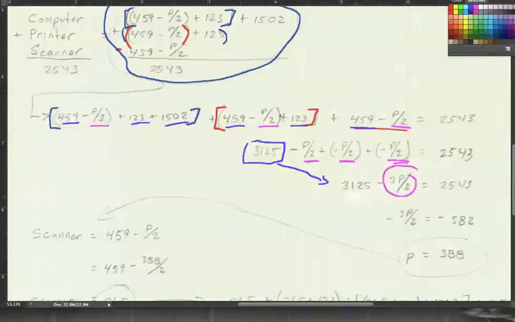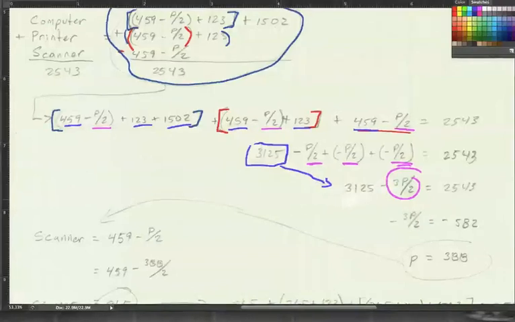Again, I'm trying to solve for p because I need to find out how much this computer costs. So I subtract 3125 from both sides, and that's going to give me negative 582.